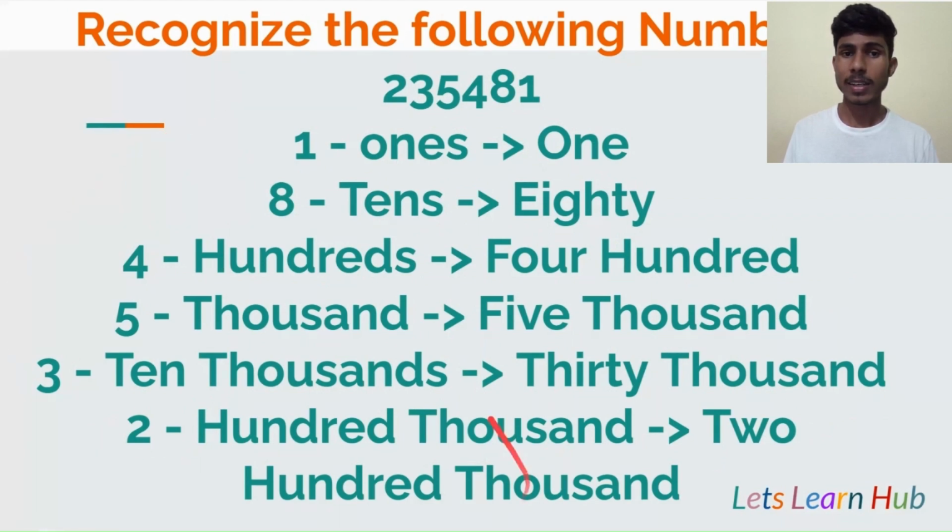We can say that this 2 is in 1 lakhs place, or we can also say this 2 is in 100,000s place. Both are correct. And 1 ones means 1, 8 tens is 80, 400 is 400, 5,000 is 5,000, 3 ten thousands is 30,000.